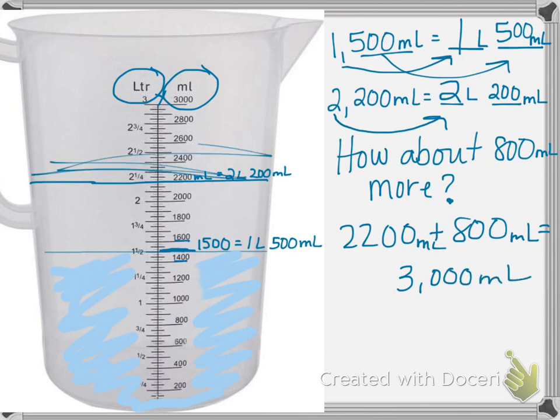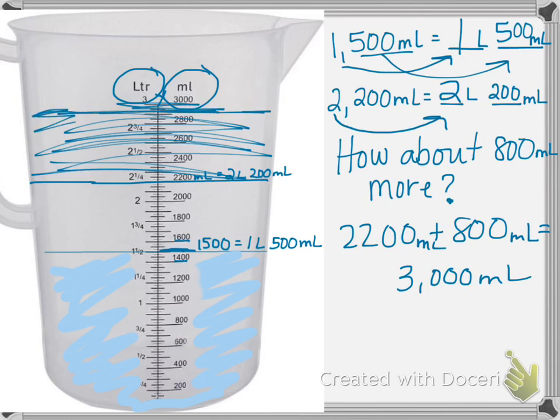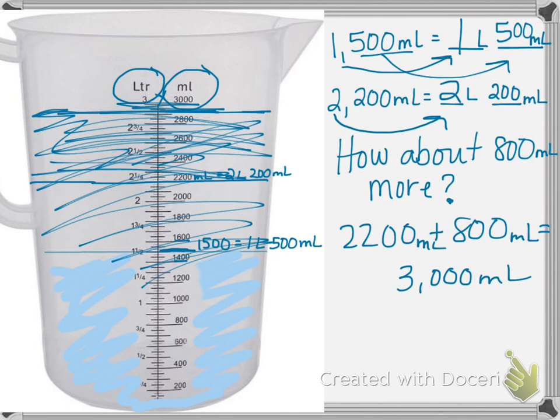I'd end up filling my water right up to the max capacity, 3,000 milliliters, which is the same as 3 liters. And you can see that right at the top there, 3 liters.